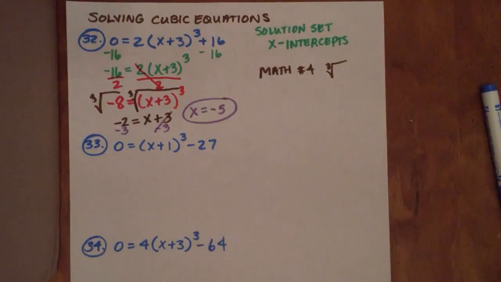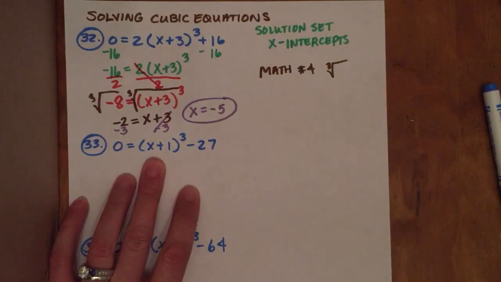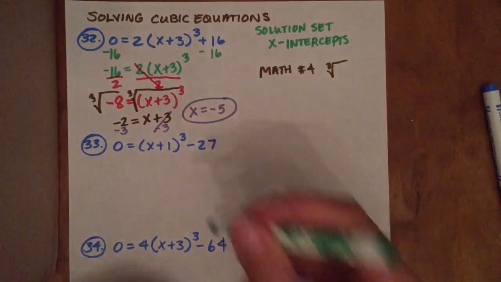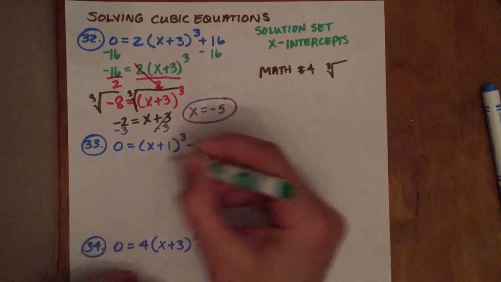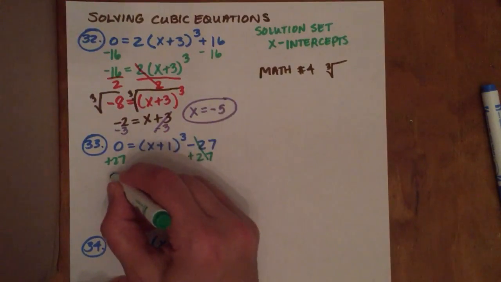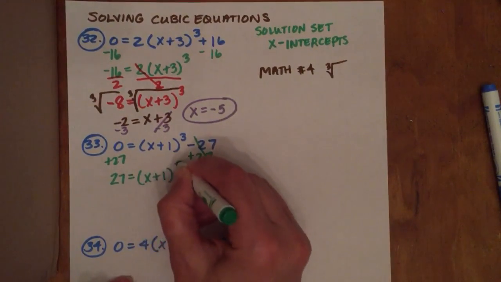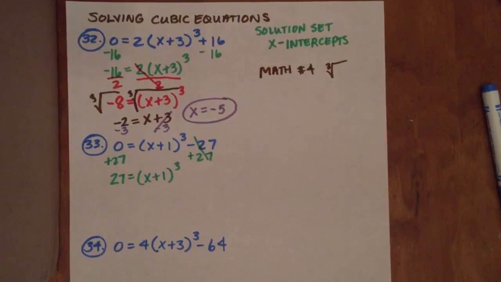So the next one we have is we're going to move the 27 first. So I'm going to add the 27 to both sides. So that gives me 27 over here equals x plus 1 quantity cubed. Now remember, we're going to take the cube root.